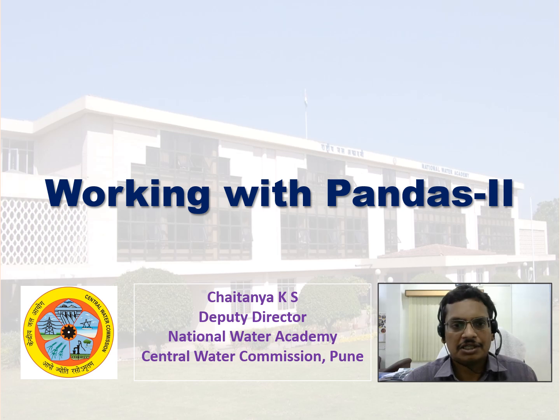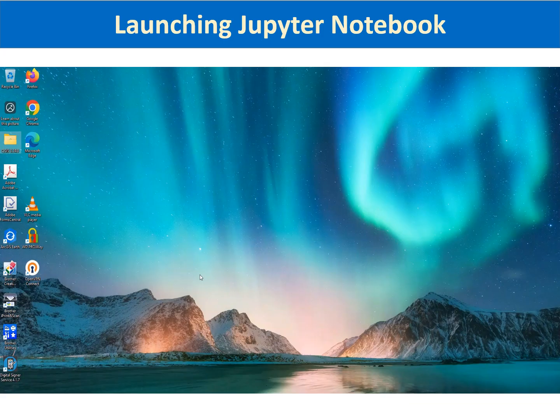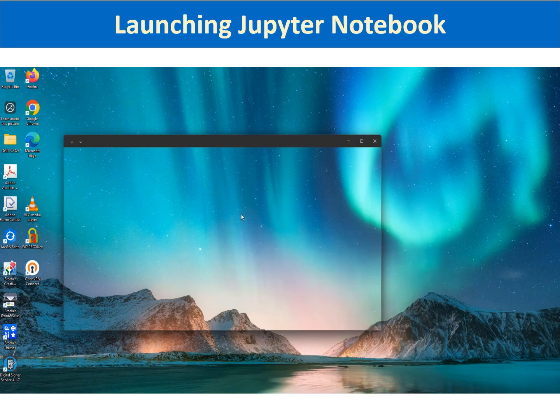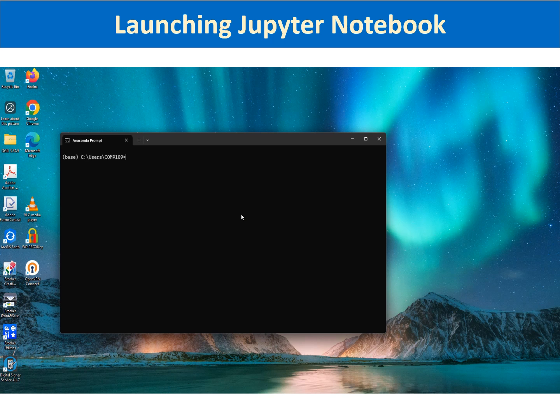Now in this session we will continue working with Pandas. As every time, we will initiate the Jupyter notebook either from Anaconda prompt or Anaconda Navigator. Activate the current environment to the newly created environment and then launch the Jupyter notebook.